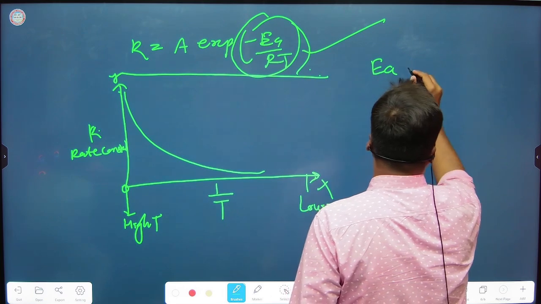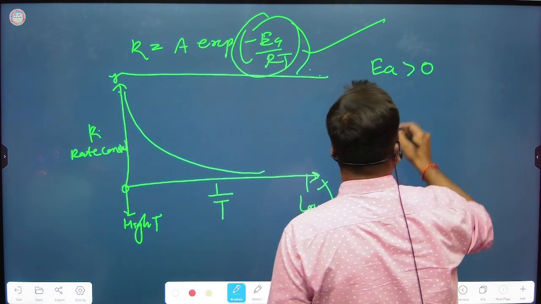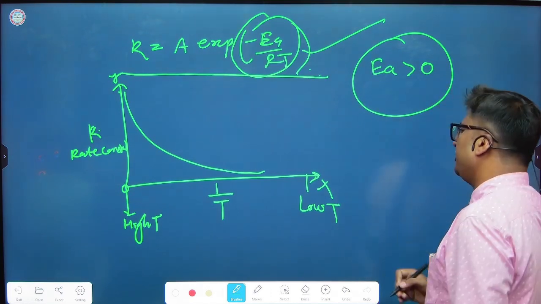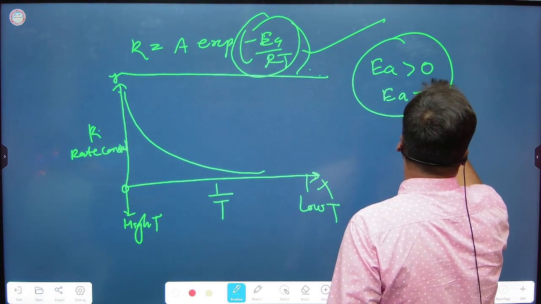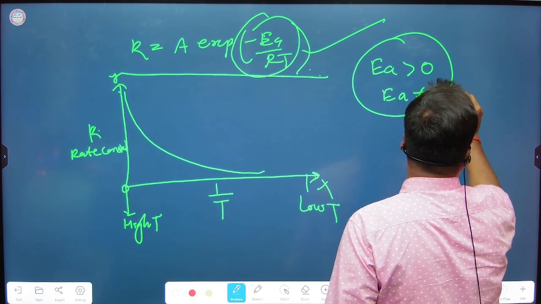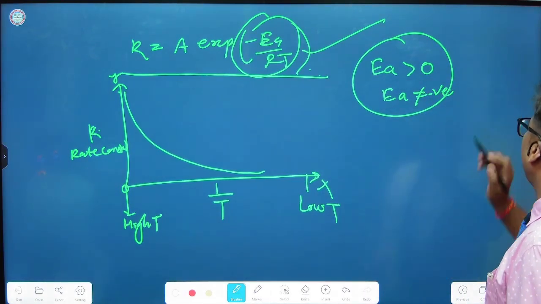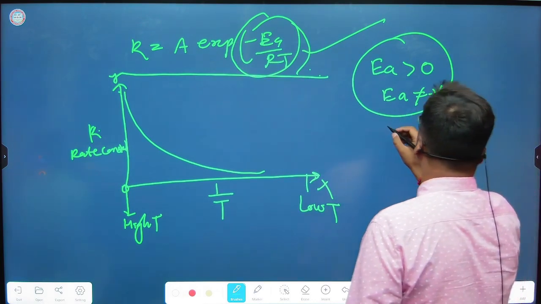If this EA is always greater than 0, so activation energy is always a positive quantity. It is not a negative quantity, and it has no zero value.